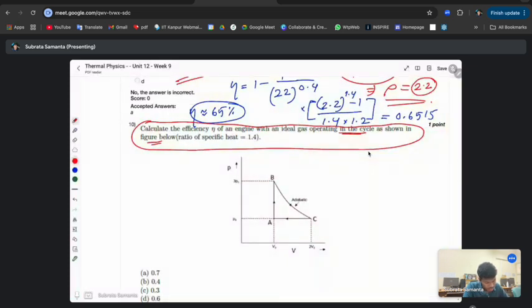C to A is a volume compression, and A to B is pressure increasing at constant volume, and there is some adiabatic process. So one is constant pressure, one is constant volume, and one is an adiabatic process. So this is isobaric, this is isochoric, and this is adiabatic.